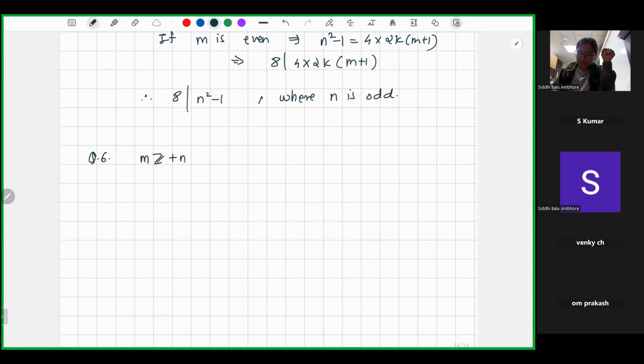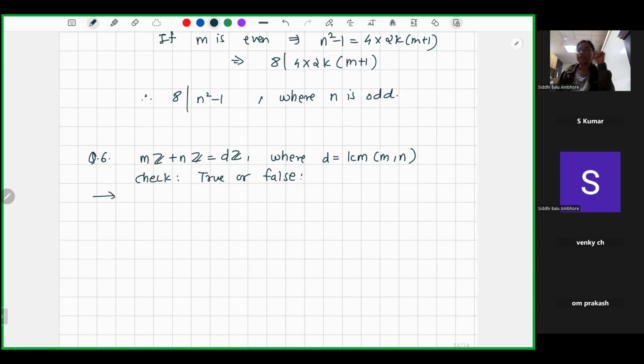mZ plus nZ is equal to dZ, where d is the LCM of m comma n. Is this true? Check true or false. What is your guess in this case?